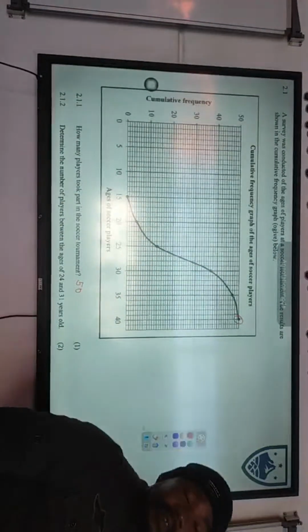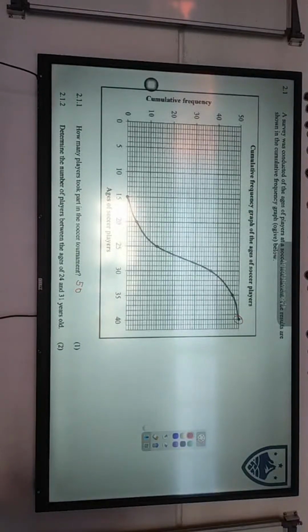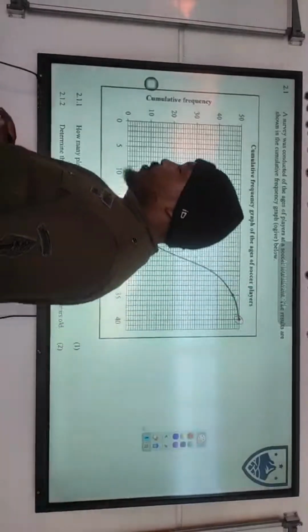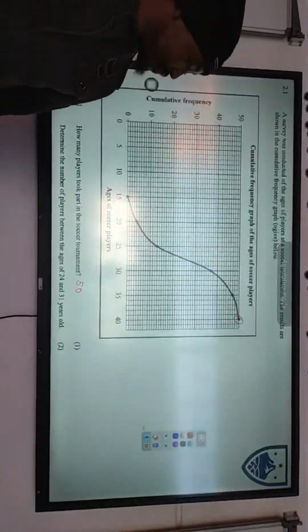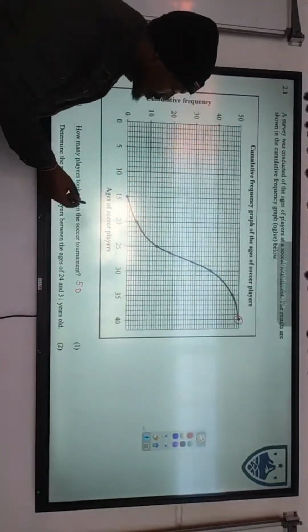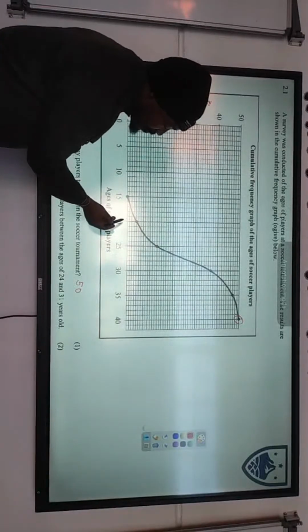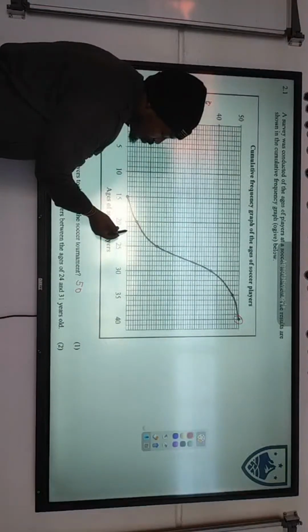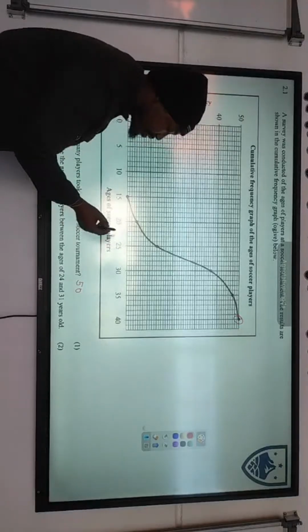And then we're going to increase the pace a bit. Determine the number of players between the ages of 24 and 31. If they ask you that, you go to your diagram with your ruler and say, all right, I have 20, 21, 22, 23, 24, 25. It's confirmed.